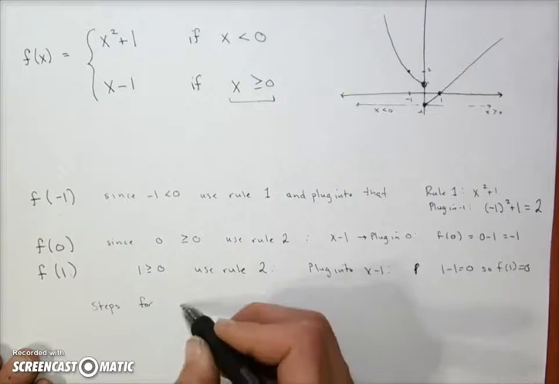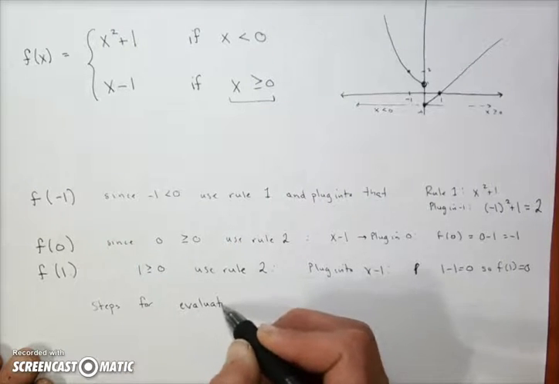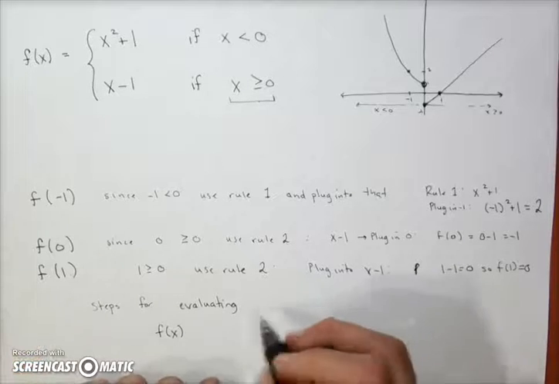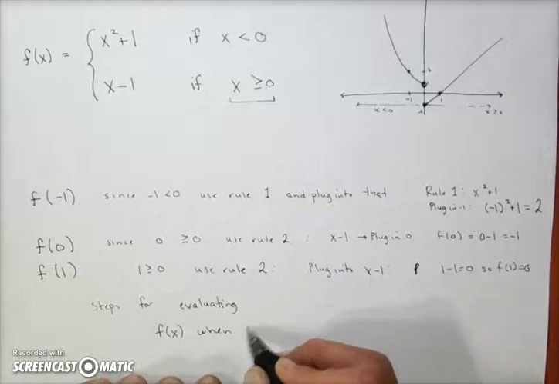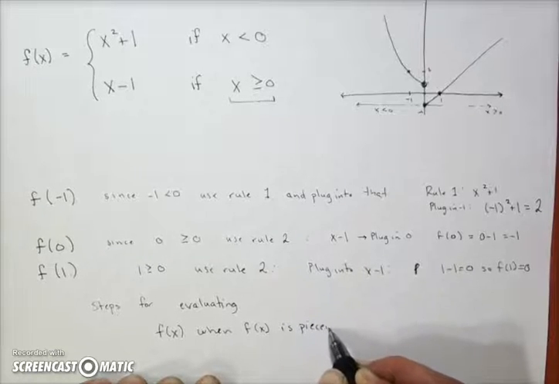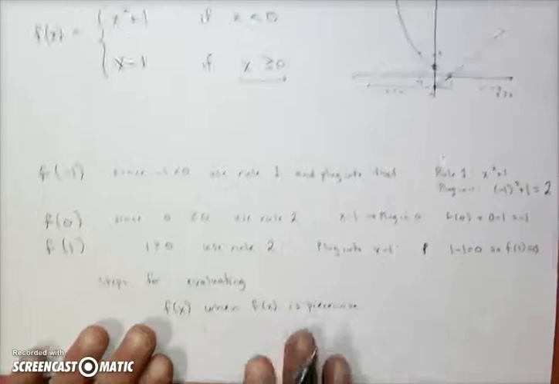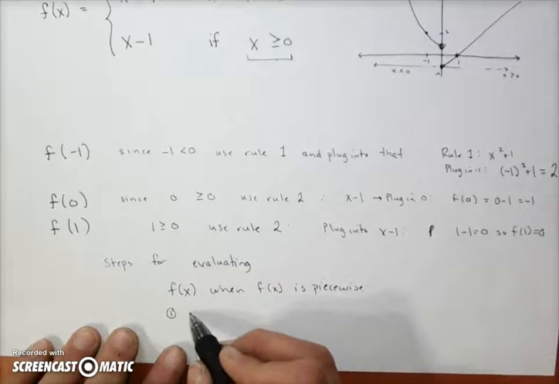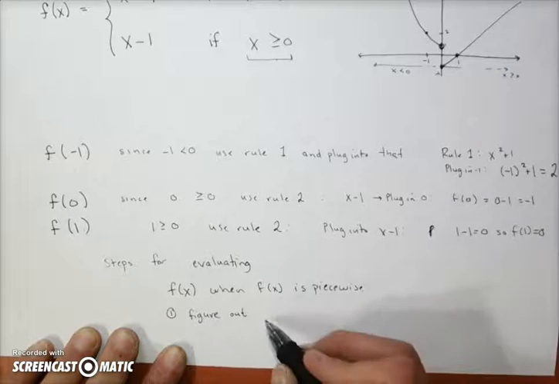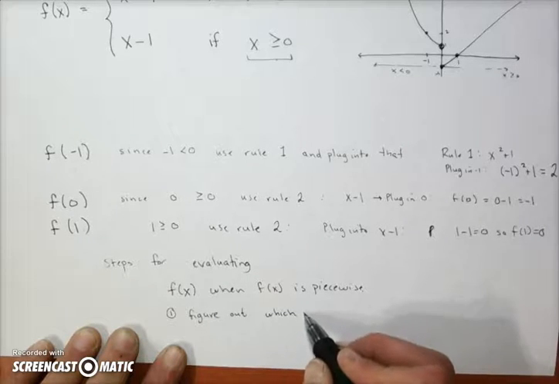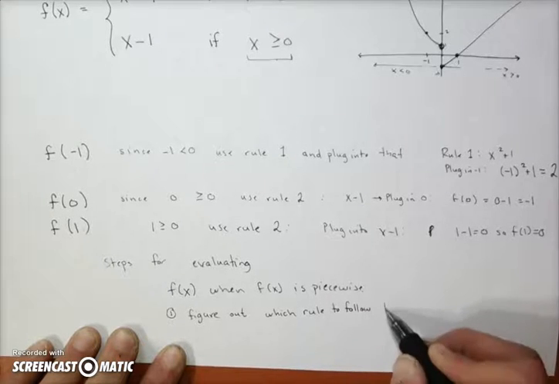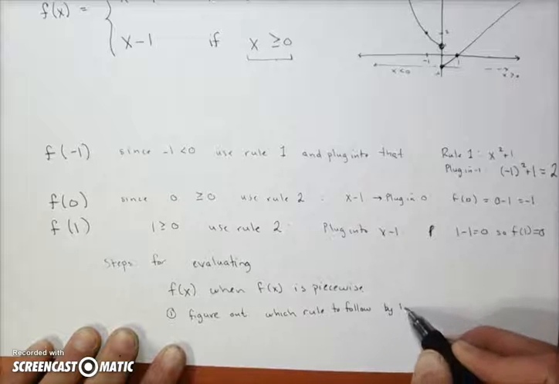for evaluating f of x when f of x is piecewise are first figure out which rule to follow by looking at the input.